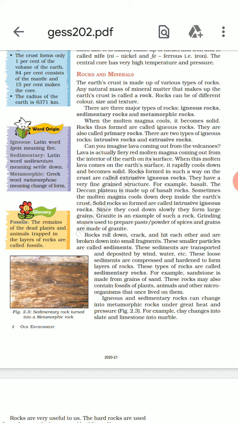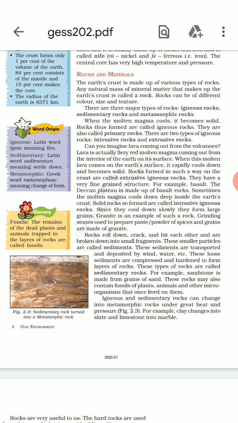They have a very fine-grained structure. For example, basalt. Basalt has a very fine structure, this kind of extrusive rock. The Deccan Plateau is made up of basalt rock.